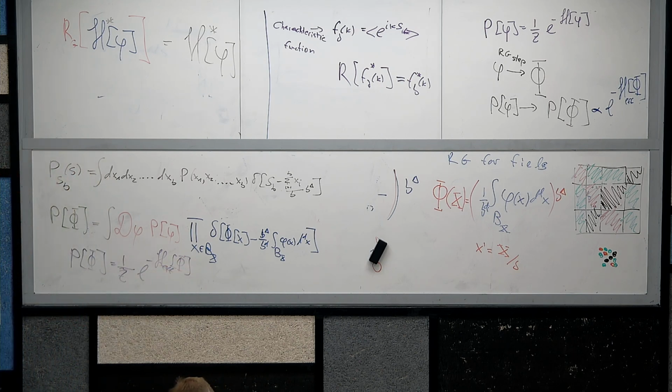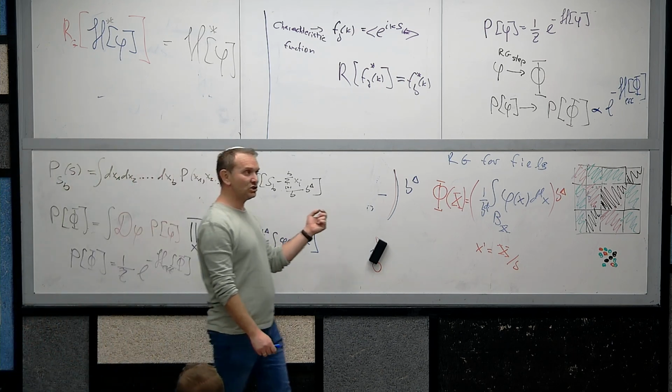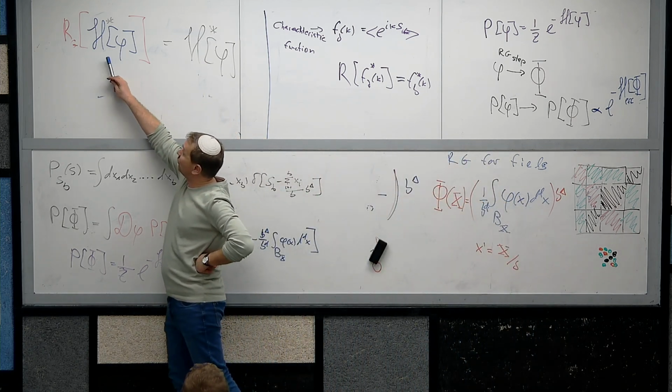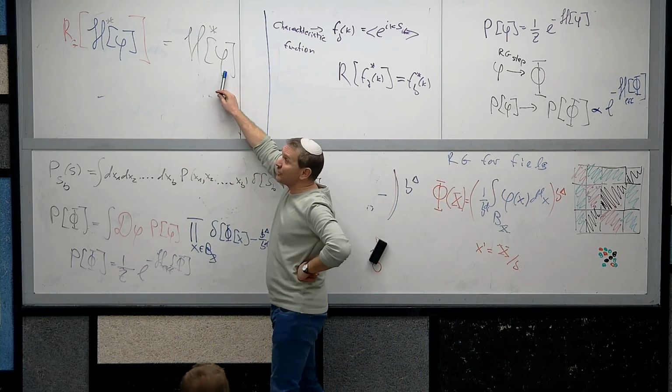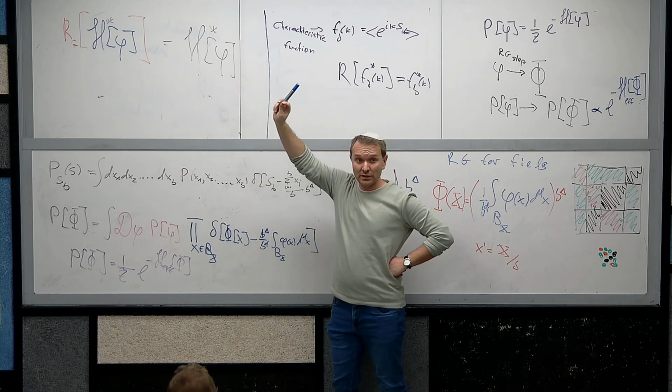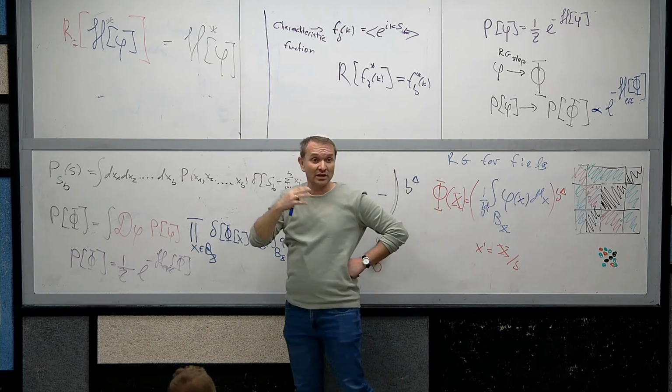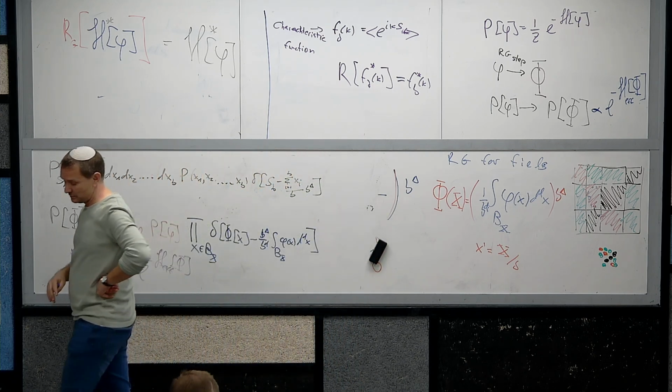That's it. So the RG step is a transformation of one Hamiltonian into another Hamiltonian. Okay, and the fixed point arrives when RG does not do anything at all.